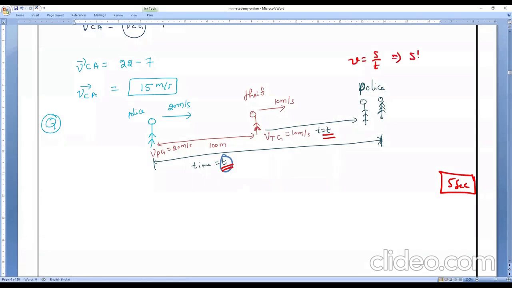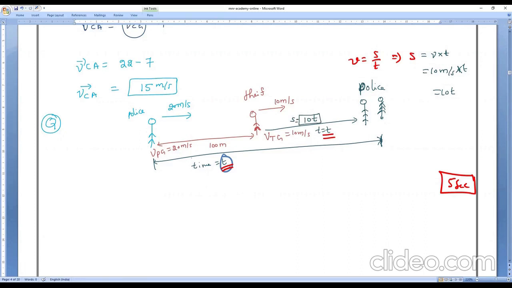So distance is equal to speed into time, which is 10 meter per second into t, which is 10t. So the distance traveled by the thief in t seconds is S equals 10t.